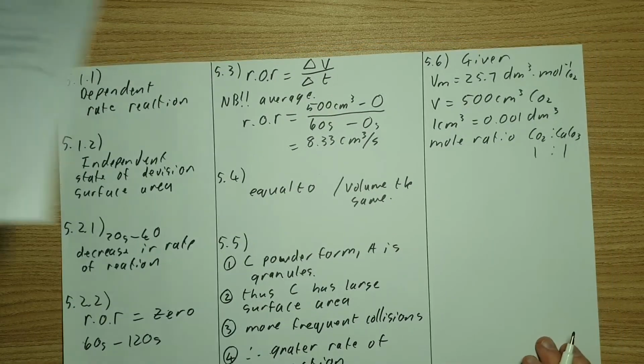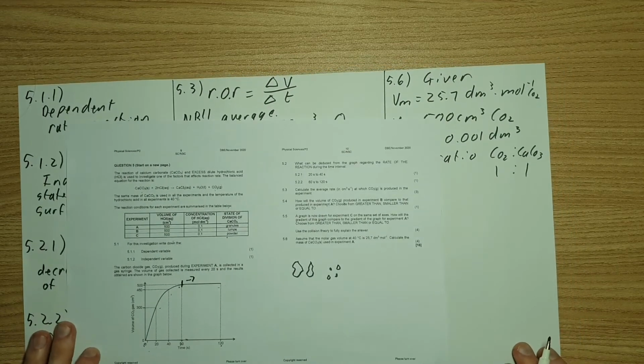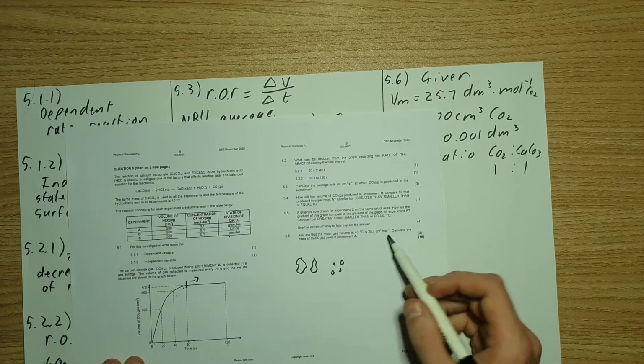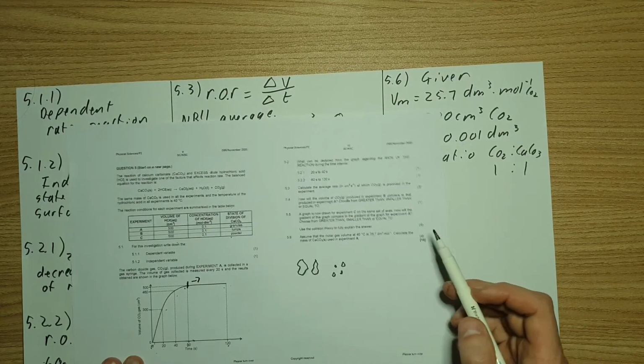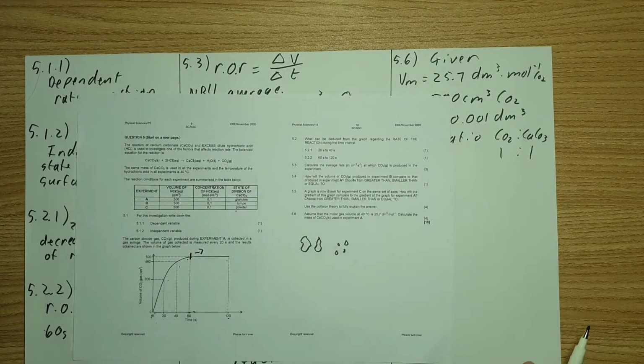Now the last question, 5.6, is a calculation question. It says, assume the mole gas volume at 40 degrees Celsius is 25.7 decimeters cubed per mole. Calculate the mass of CaCO3 used in the experiment.